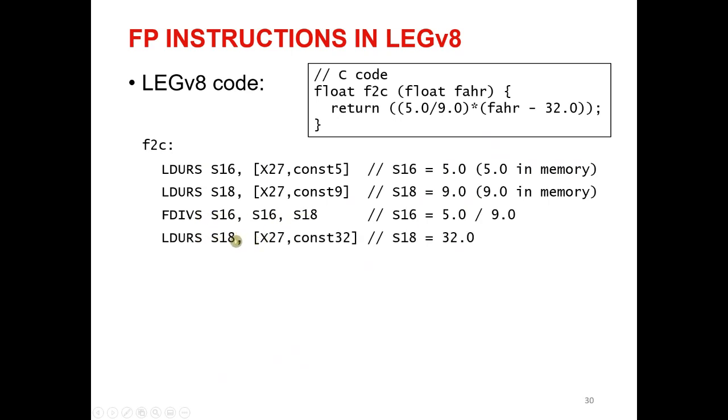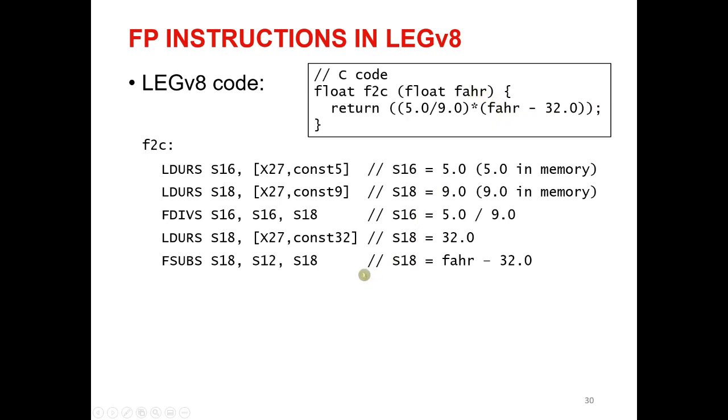Okay, then I'm going to load in S18. I'm going to reuse the register because I don't need it anymore. I'm going to load here this value, the 32.0, which I'm going to assume is in this offset in memory.